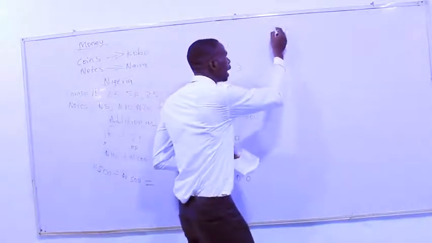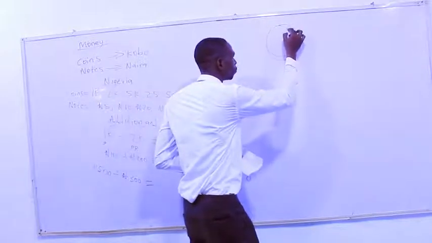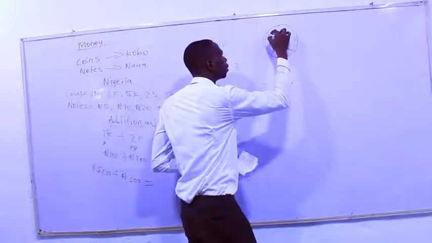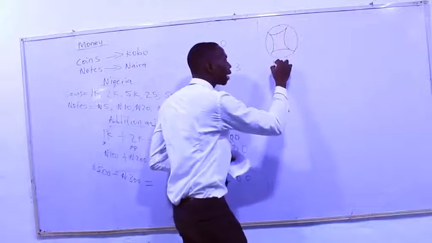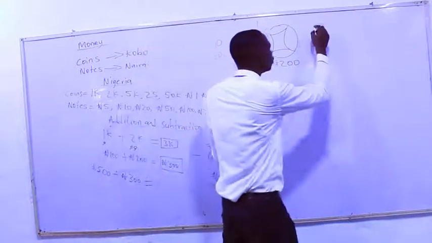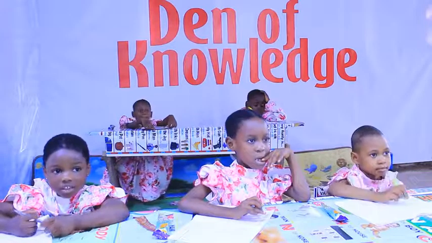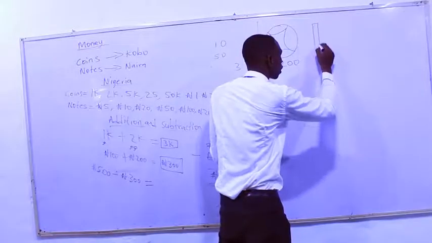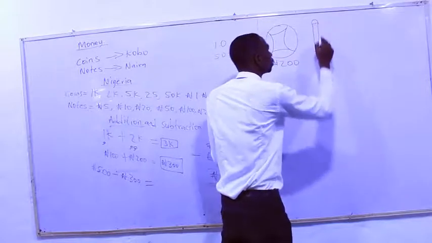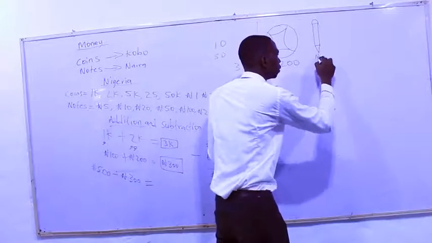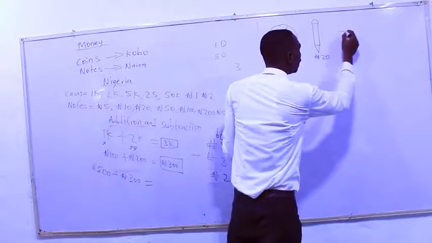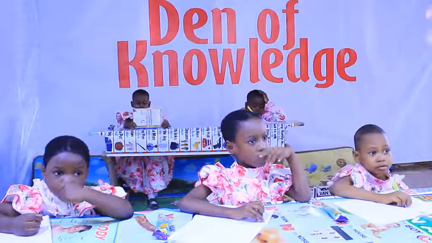Now let's move into buying items using money. Maybe you want something like this, a big ball, that has a price tag, 200 naira, and you want also a pencil, this is a pencil with a price tag 20 naira, also an eraser.